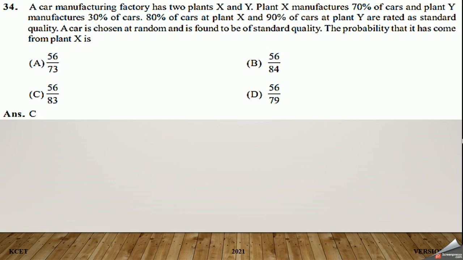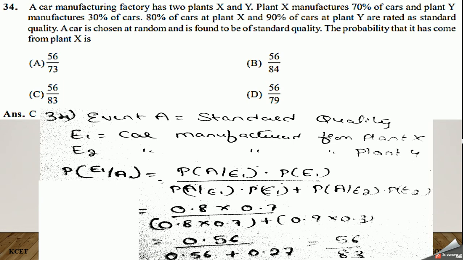Already we know that it is of standard quality. You are going to find out whether it is from plant X. Again here, let me consider the event A as standard quality, event E1 as car manufactured from plant X, and event E2 as car manufactured from plant Y. So P of E1 by A, this is on the Bayes theorem.